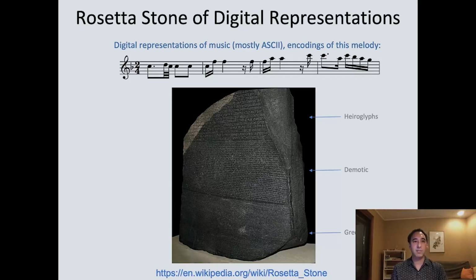Craig Sapp's Rosetta Stone allows us to look at how different digital representations of music work by encoding the exact same melody in, I think, almost 24 different formats. These aren't all the formats that have ever been used, but it's a good chunk of them. So here's the melody, and it has some interesting things here.